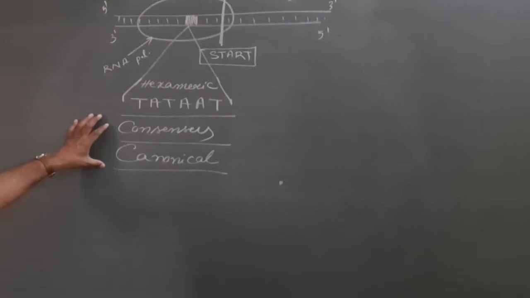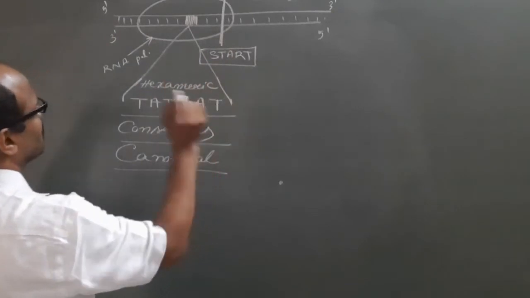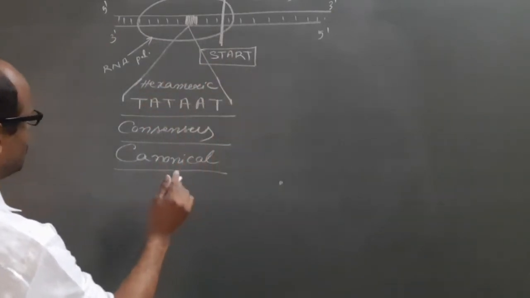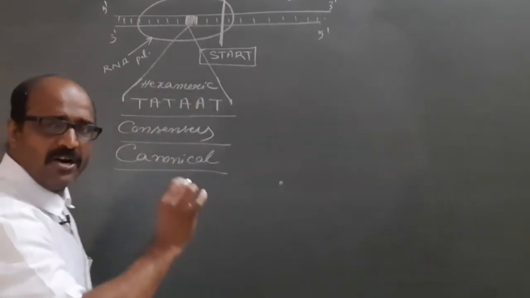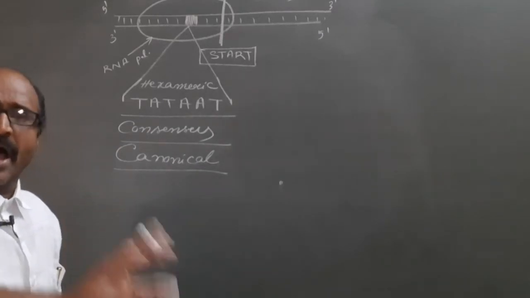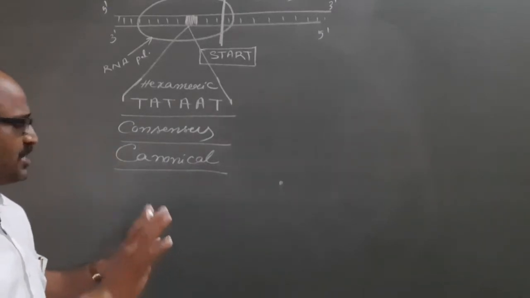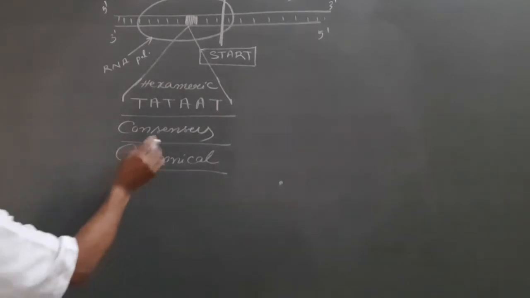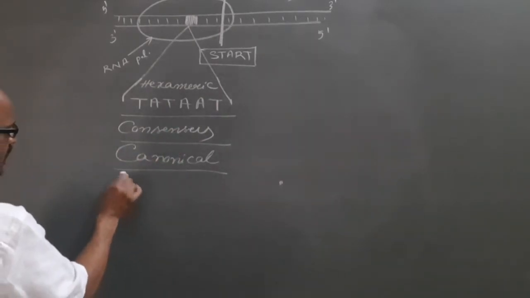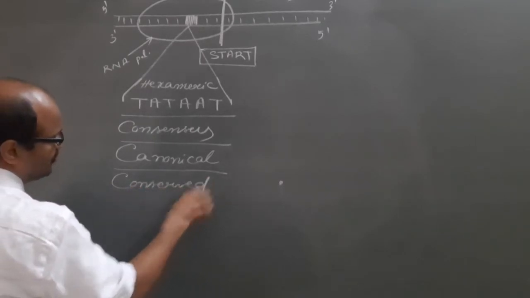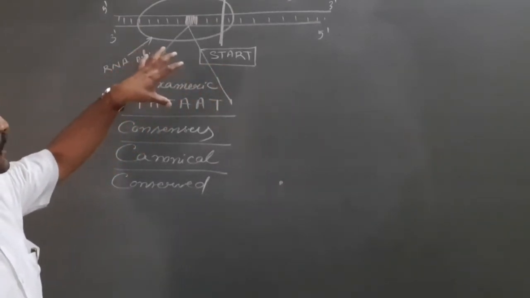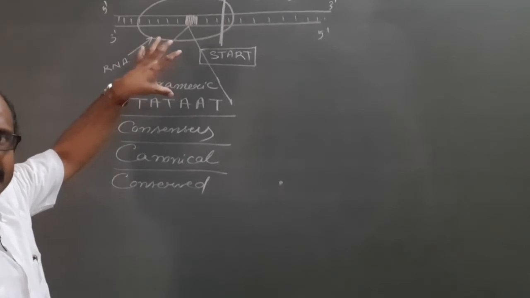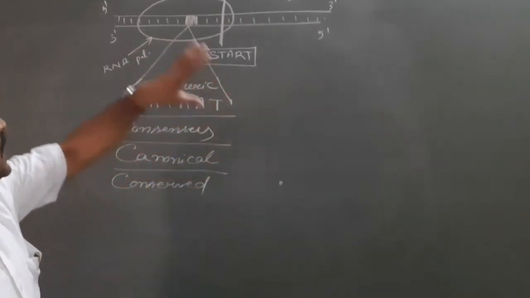These canonical or consensus sequences are part of the promoter. And this sequence is conserved throughout whole organisms in due course of evolution. That's why these sequences are also known as conserved sequences.